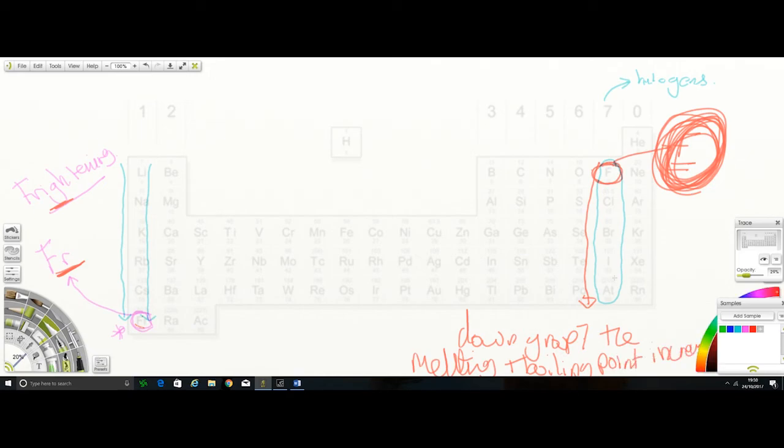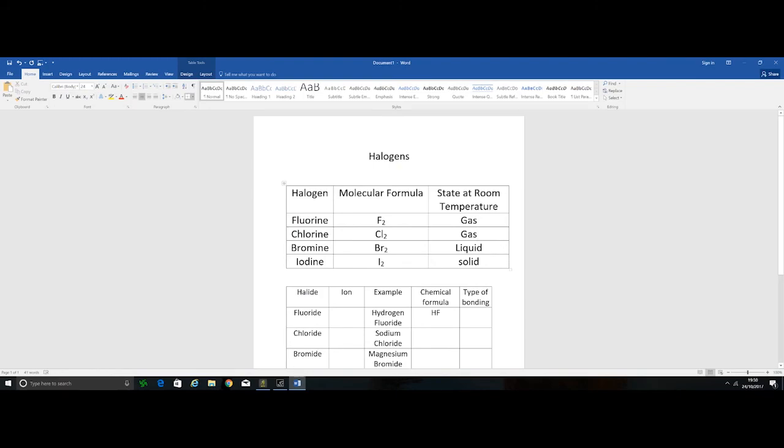Because at this point here we've got solid, and right at the beginning we've got gases, so the melting and boiling point is actually increasing as we go down the group. So that's learning point number 1.